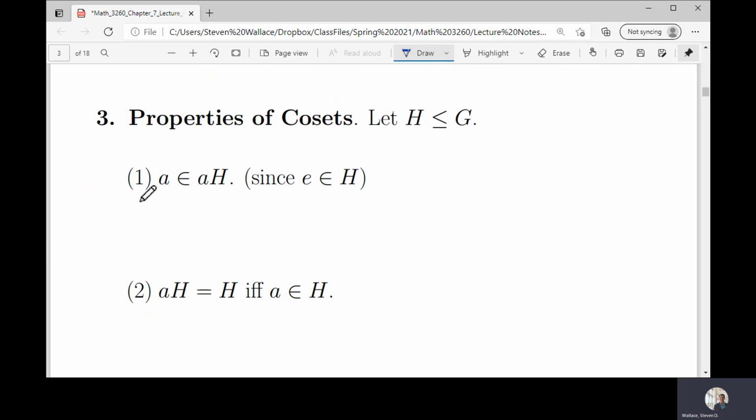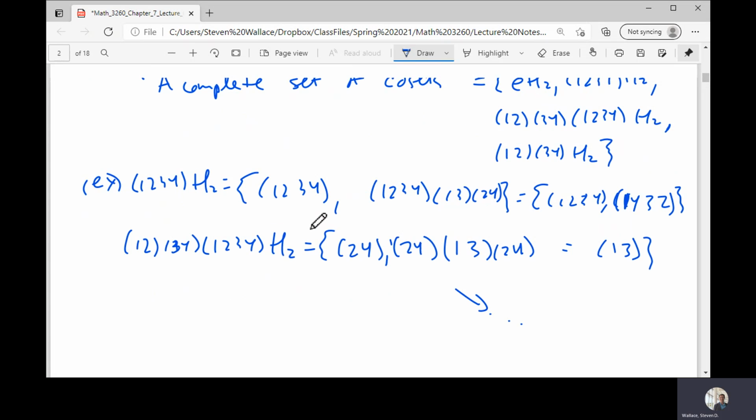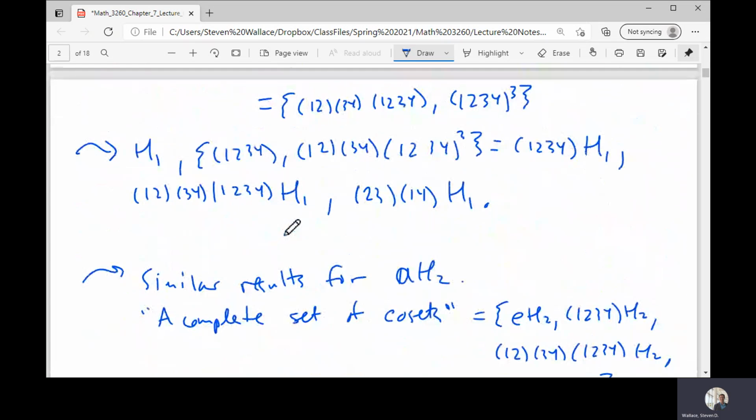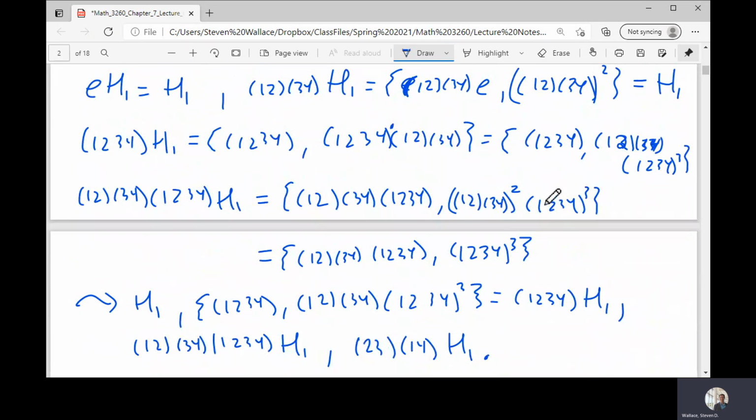So let's talk about some properties of cosets before we get too far into the weeds here. If H is a subgroup, it's always going to contain the identity, right? So a coset represented by A will always contain A. Also, if you notice here, if I took the coset with the representative that was actually in the subgroup, I always got the same subgroup back.